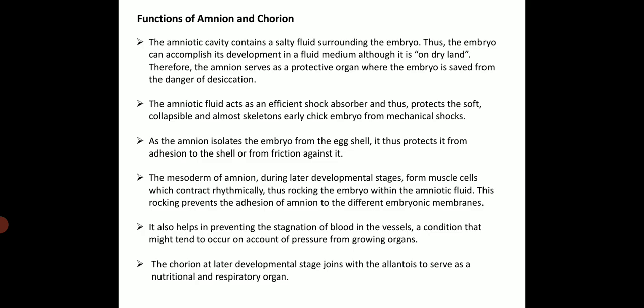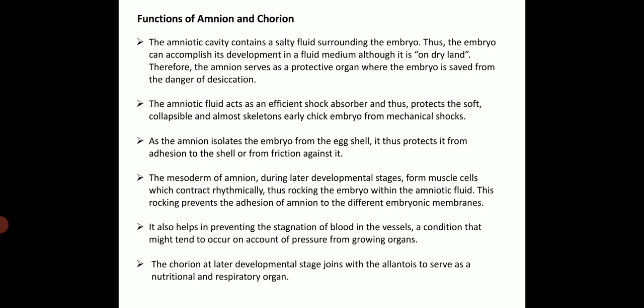As the amnion isolates the embryo from the eggshell, it protects it from adhesion to the shell or from friction against it. The mesoderm of the amnion during later developmental stages will form muscle cells which contract rhythmically, thus rocking the embryo within the amniotic fluid.